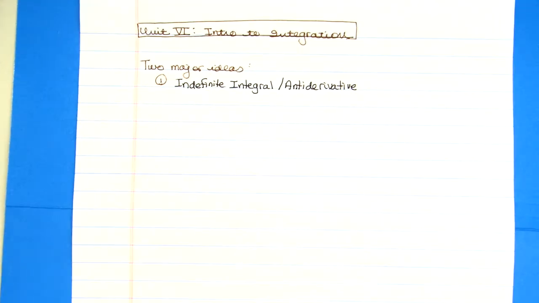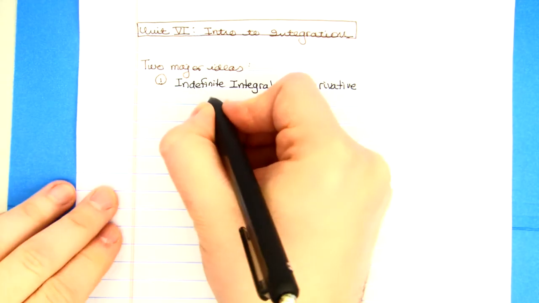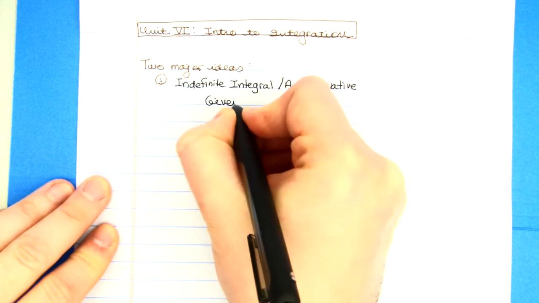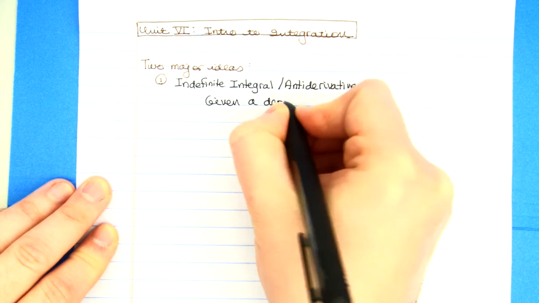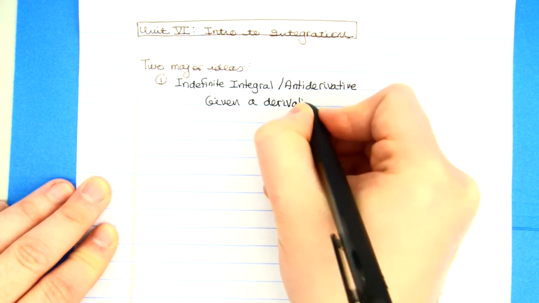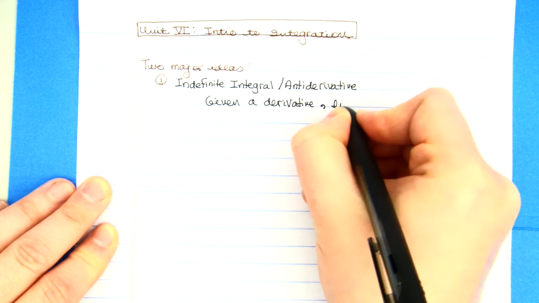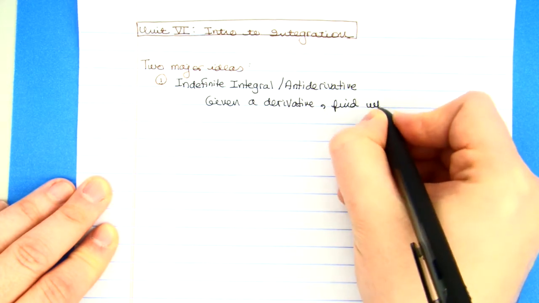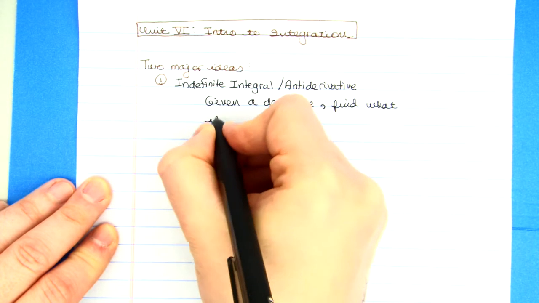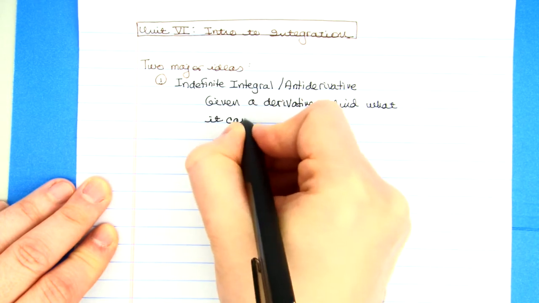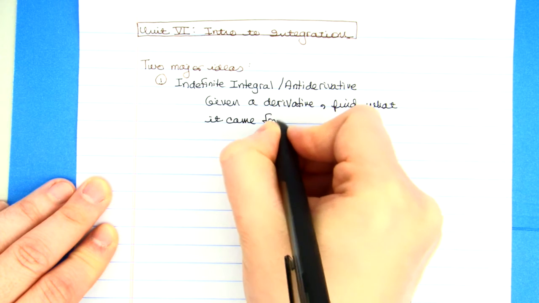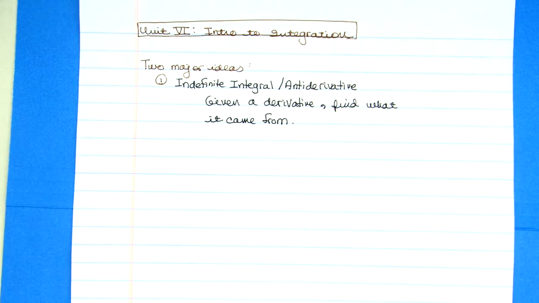What this is going to be about: if I give you a derivative, you're going to figure out what it came from. Given a derivative, find what it came from. An indefinite integral or an antiderivative is a derivative in reverse. I give you a derivative, you tell me what had that as its derivative.